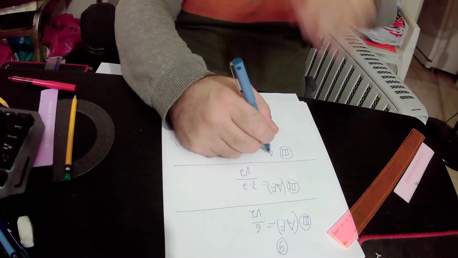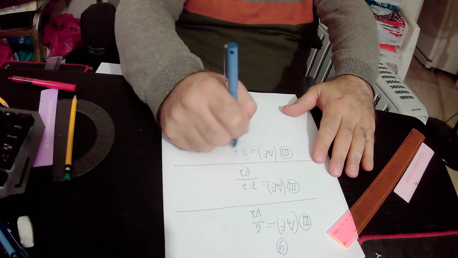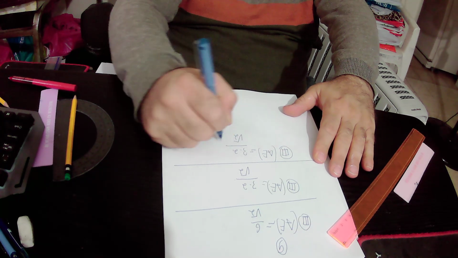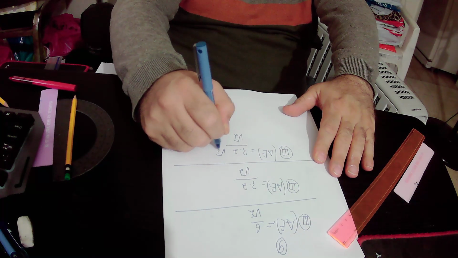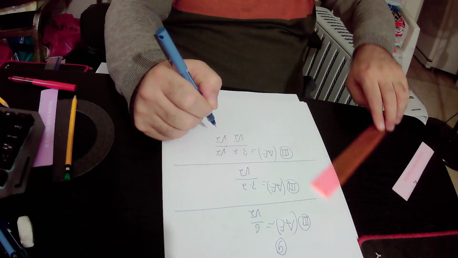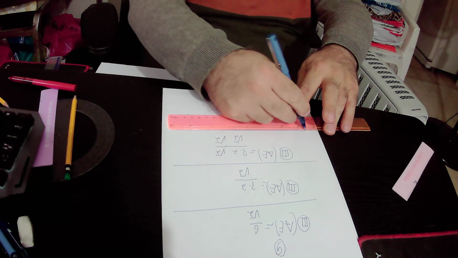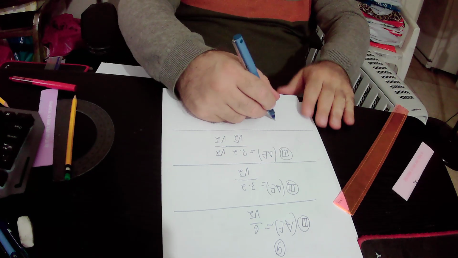And we will get that AE equals 3 times 2 over the square root of 2. We will multiply this expression by the square root of 2 and divide it by the square root of 2. So here in the denominator we have the square root of 2 times the square root of 2, which is 2.